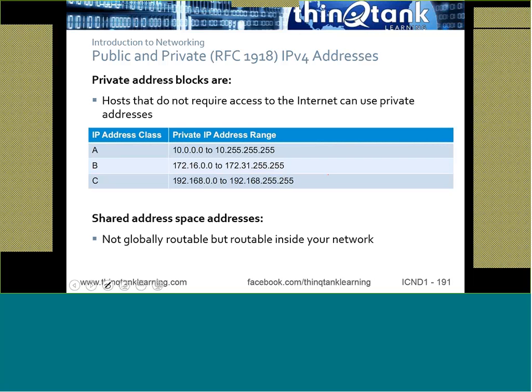Yes, sir? Just a quick question. I know it's not practical, but let's say inside the private network, can you use other values for the IP? Like let's say Class A starting with 11. Yes, you can. Okay. But it won't affect anything? See, that's the thing. There is no law that says you can't use any address.